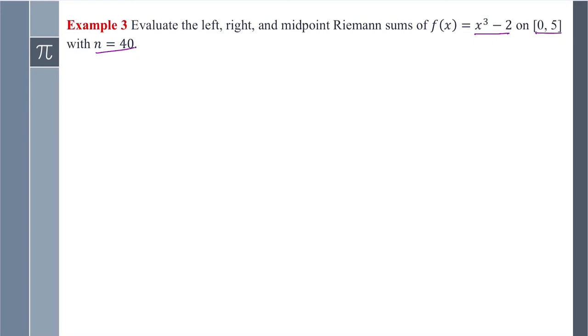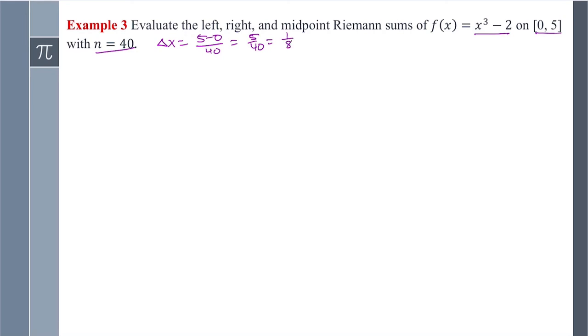The first thing we always do is determine delta x, the width of the rectangle. Delta x equals b minus a over n, which is 5 over 40, or 1/8.